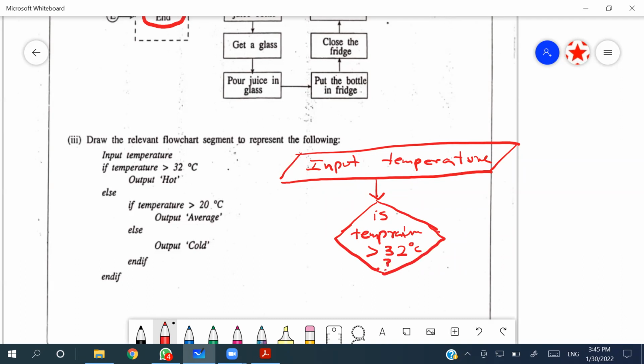The question mark should be there at the end. So if it is yes, they say output hot. That means this is hot. And else, that means on the no path, they are heading to another condition.